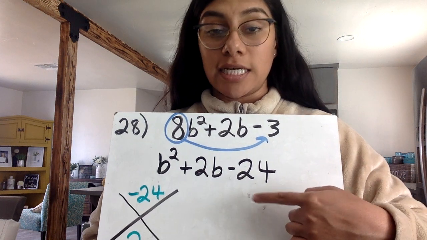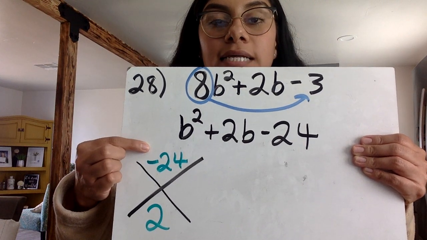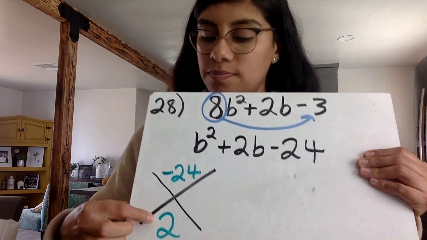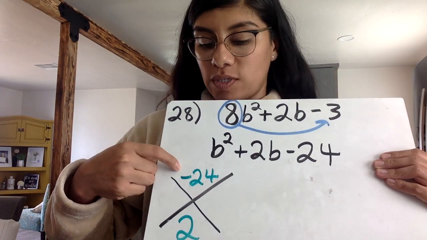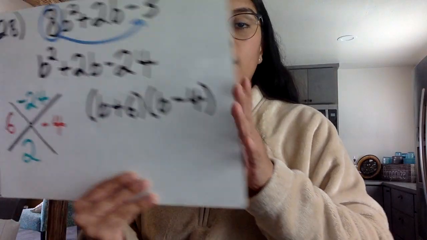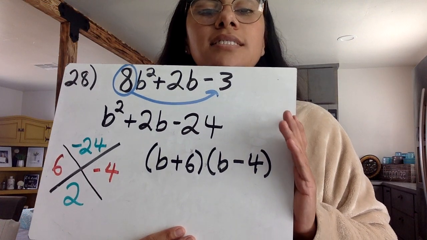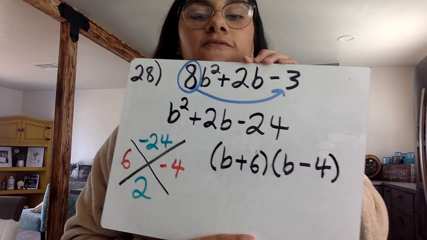So now I can use X method here. I'm going to take my constant, place it at the very top of my X, and take my middle coefficient and place it at the bottom. So now 2 numbers that multiply to give me negative 24, but when I combine them, they give me 2. And there it is. 6 times negative 4 gives me negative 24. When I combine the 2, 6 minus 4 gives me 2.